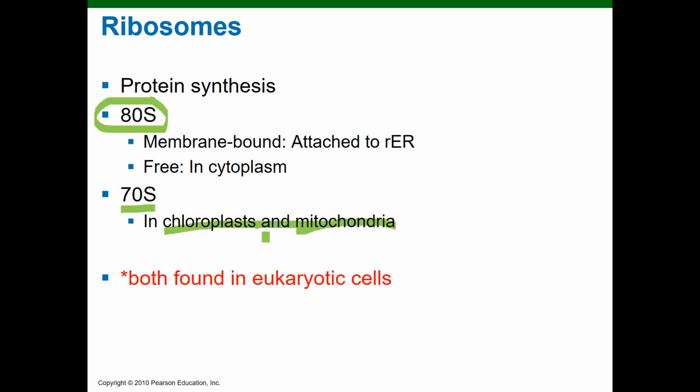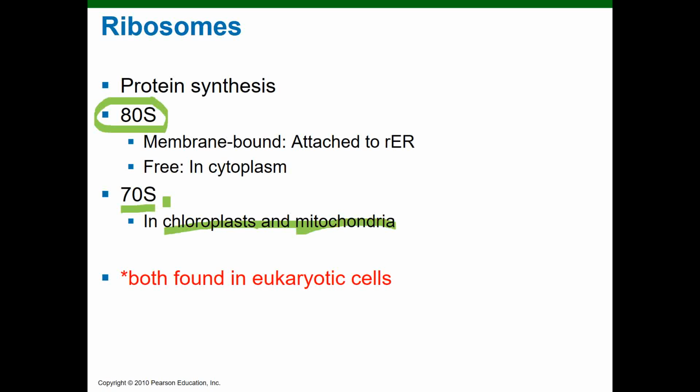There's a current theory in biology, the theory of endosymbiosis, that states that chloroplasts and mitochondria, these two organelles found in eukaryotic cells, actually evolved from engulfed bacteria. So it makes sense now, right?